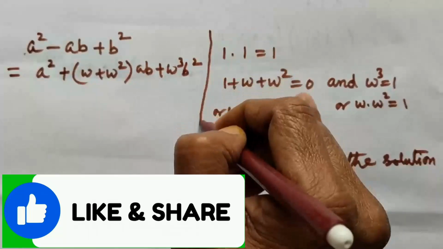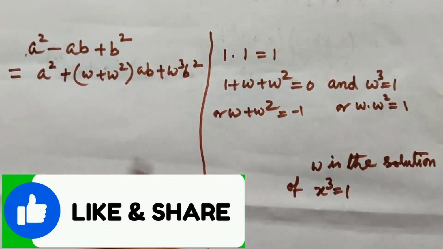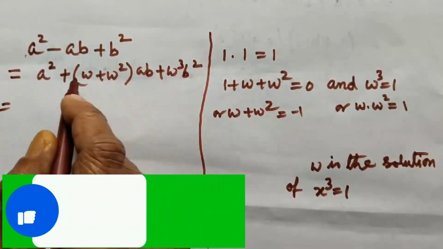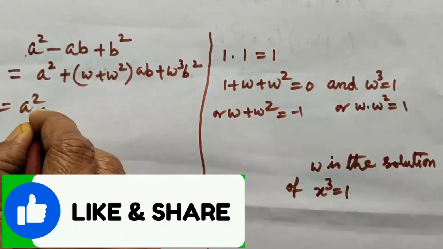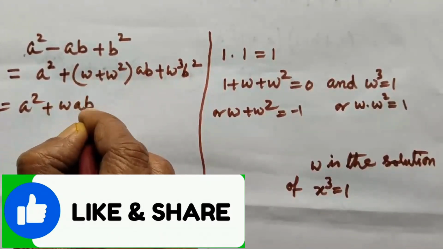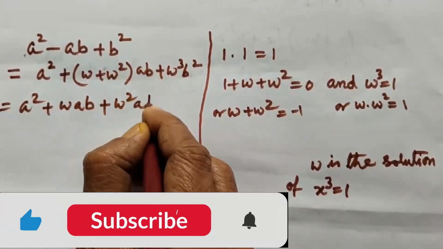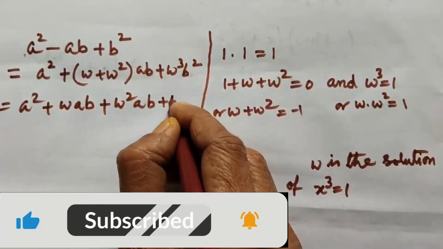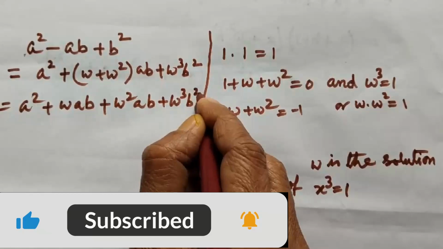Write a line here for better understanding. Now expand these terms: a square plus omega into ab plus omega square into ab plus omega cube into b square.